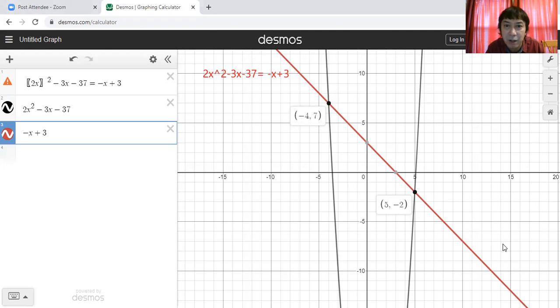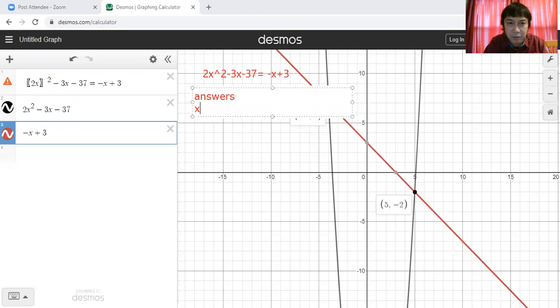And the answers are x equals negative 4, and the other is x equals 5. There. And we can write it this way.